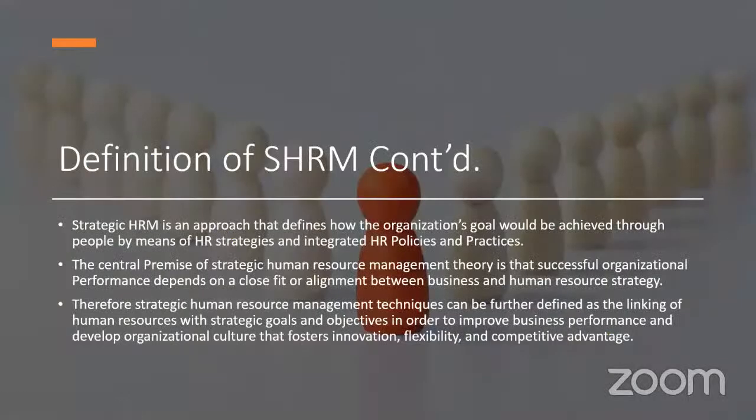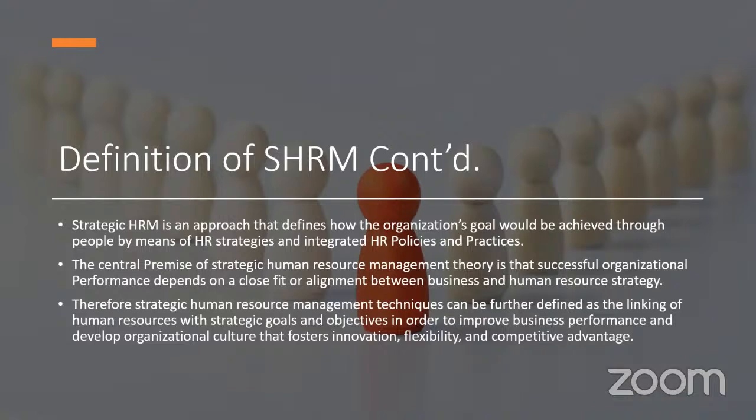Still on the definition of strategic human resource management. Strategic HRM is an approach that defines how the organization's goals will be achieved through people by means of HR strategies and integrated HR policies and practices.